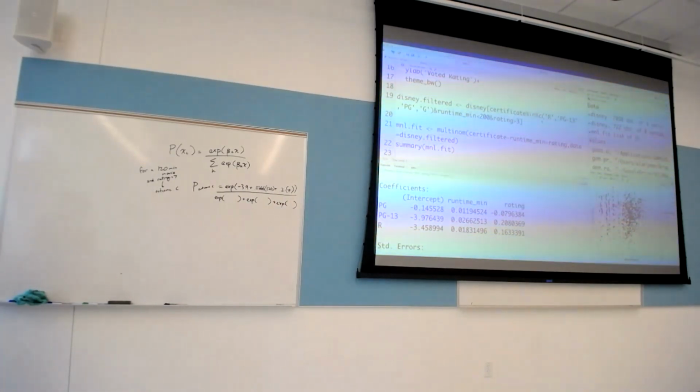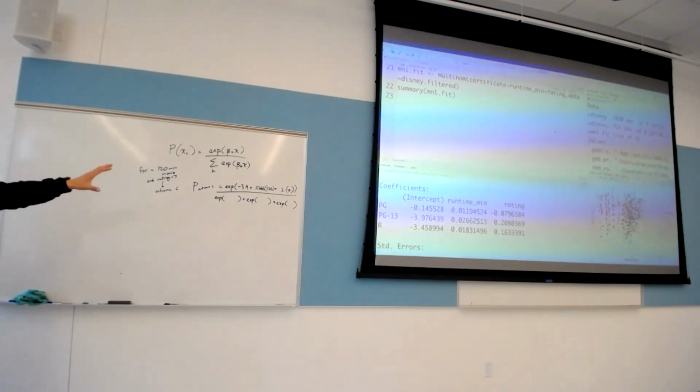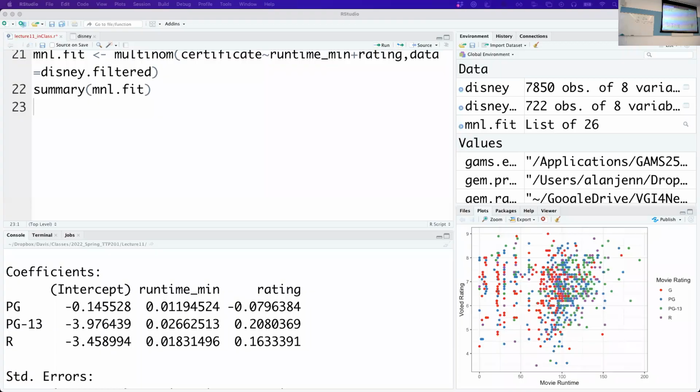And that allows us to translate these coefficients back into the probability space that maybe we're more familiar with. So let's see how we can do that. Go back to sharing screen. Okay.